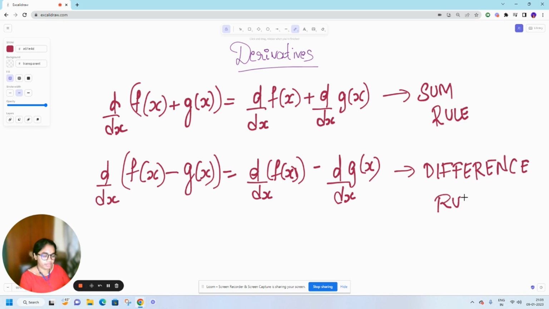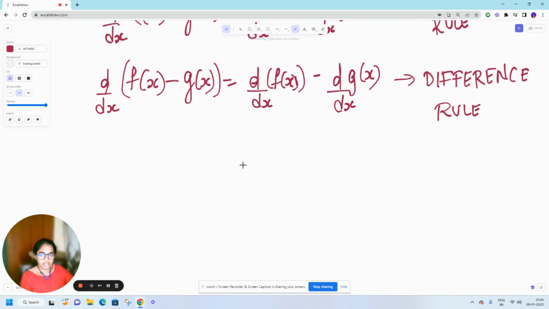Find the derivative of, the first one is, say we have the question as x square minus 7x plus 10. For the first two terms, that is x square minus 7x, I would apply the difference rule, and for the next two terms I would apply the sum rule.